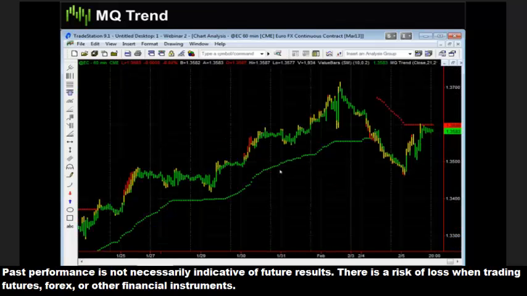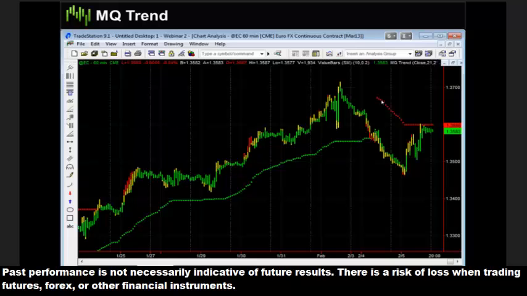The next indicator we're going to talk about is just an indicator in the MQ indicator suite, but this is not an indicator we necessarily use for measuring divergences. Having said that, this is an indicator we often use as a filter. The green dots underneath the prices communicate that a market is in a bull market mode, and the red dots above prices suggest that the market could be in a bear market mode.